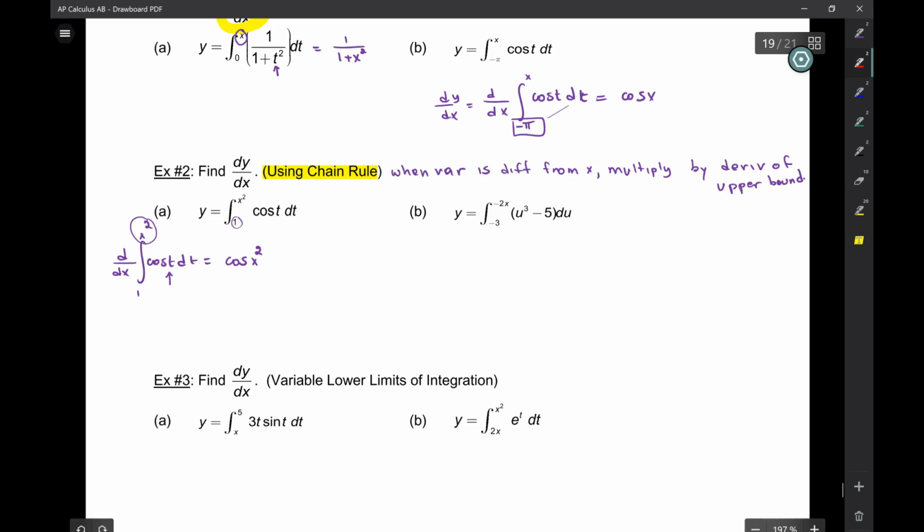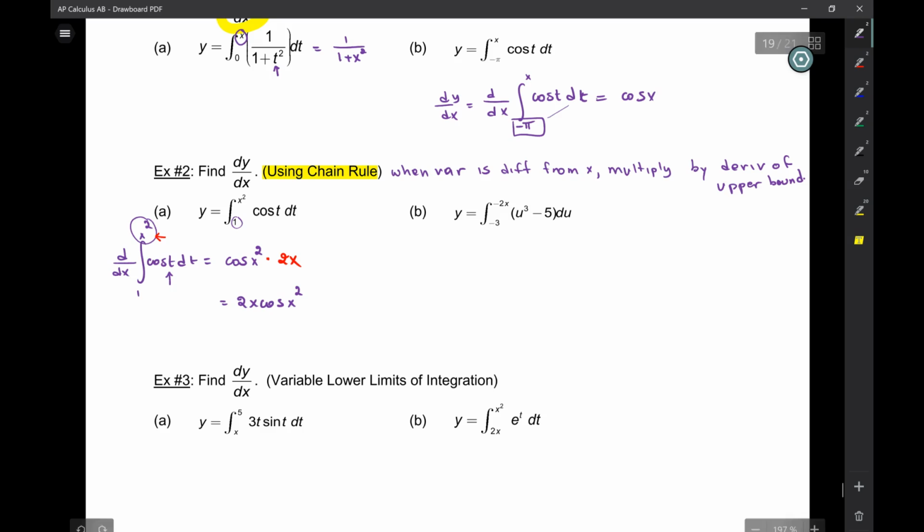Now, did I plug in x or something other than x? Other than x. So I multiply by the derivative of this, 2x. Chain rule. So this is just 2x cosine x squared. We always write algebraic functions first.